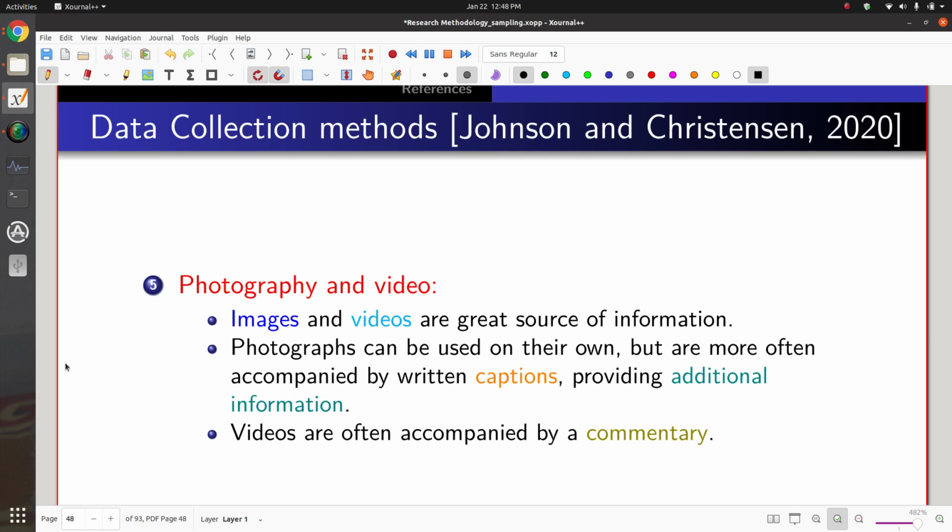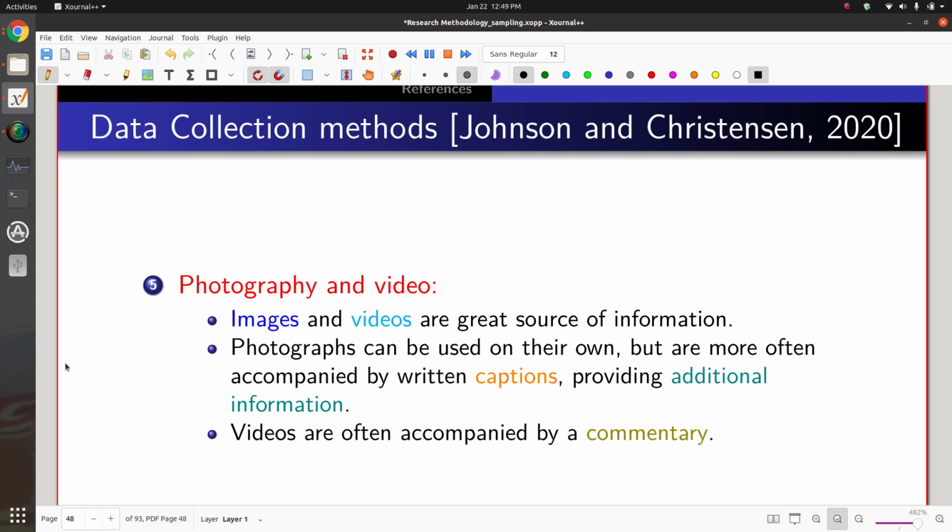And also you can collect videos silently while they are at their habitat, when they are feeding each other, feeding their children, or when they are feeding on the ground and so on, or whatever activity they are doing, you can record them, and you can use those videos to analyze and understand their behaviors. Okay, and generally photographs are used with captions, and those captions can also provide additional information.